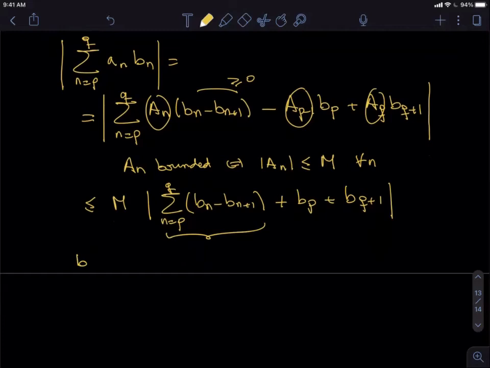So let's just write it down and see what happens. b_p minus b_{p+1} plus b_{p+1} minus b_{p+2} plus b_{p+2} minus b_{p+3}, and so on, until b_q minus b_{q+1}.